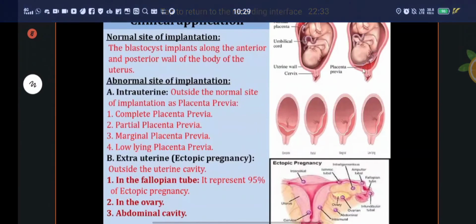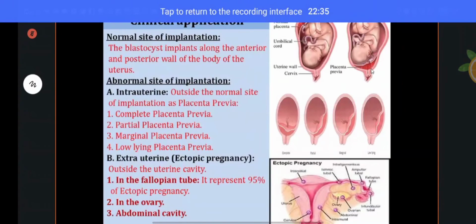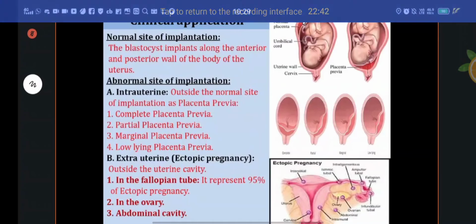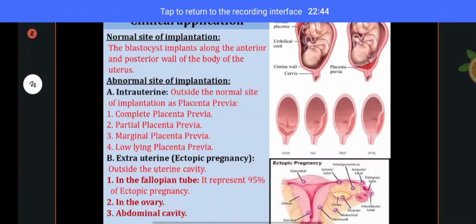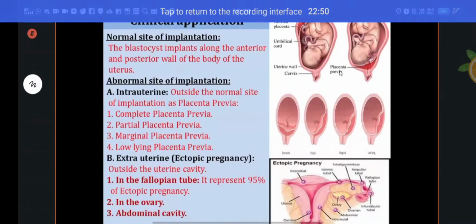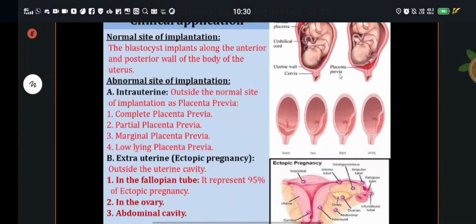Here in this diagram, where I'm focusing the cursor, you can see the placenta. Usually the normal placenta will be seen in the upper segment of the uterus, whereas in these abnormal types, we may see the placenta implanting at sites other than the normal.